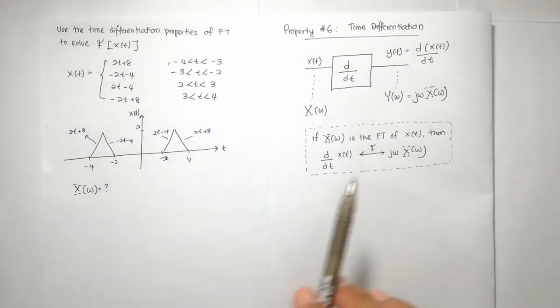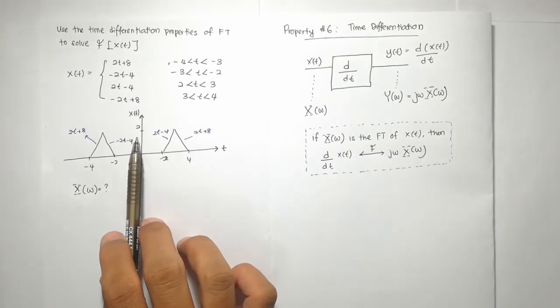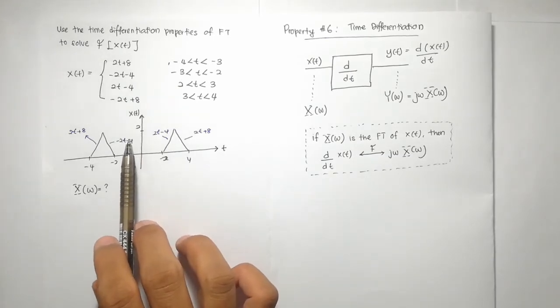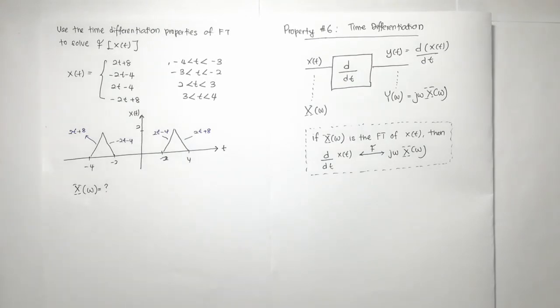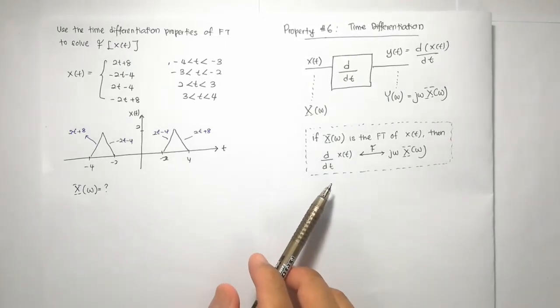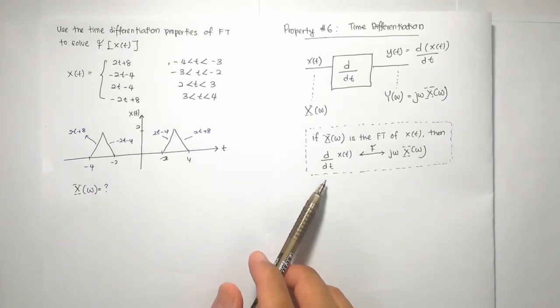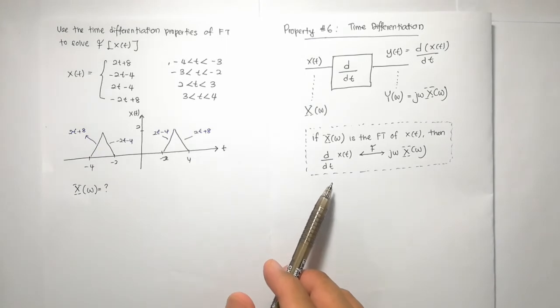So we need to differentiate our x(t) signal. For this one we differentiate one time.